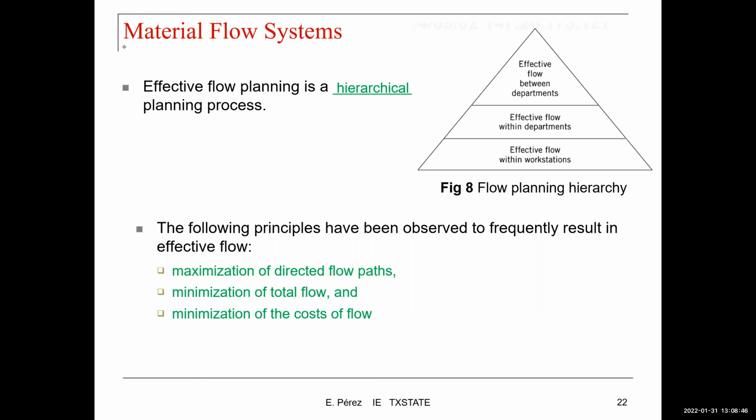If you can put together two departments that have a lot of interaction, you can put them close. That will minimize the amount of flow and movement that is happening within the facility. On the other side, if these two departments have a lot of interaction and you put them on opposite sides, you know the amount of movement that is going to happen is a lot. So those decisions are also important.